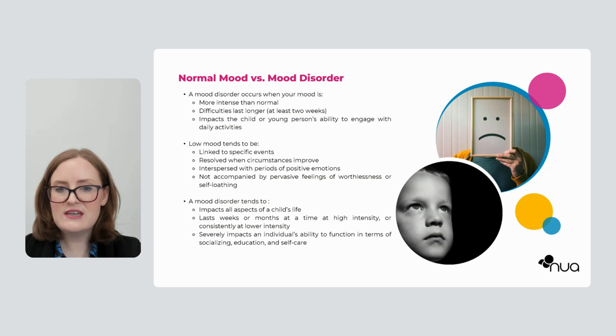And we often see that low mood in these cases is interspersed with periods of positive emotions. And it's not accompanied by pervasive feelings of worthlessness or self-loathing. So we see that the low mood is associated with a specific event or time period in a child's life, and it's interspersed with periods of positive emotions.